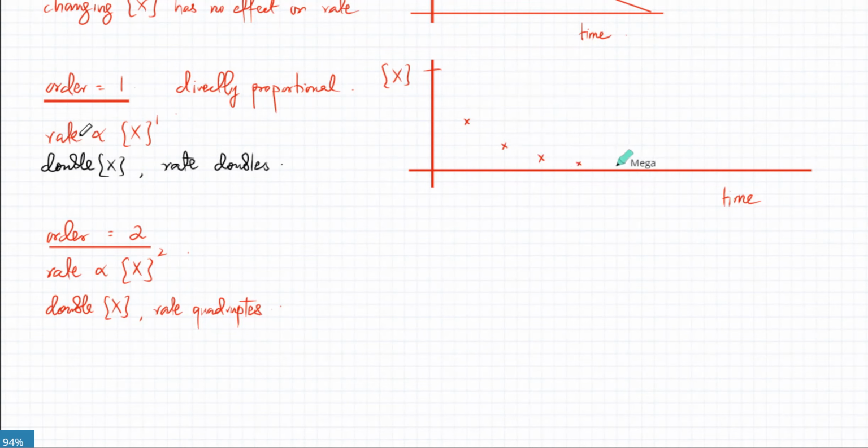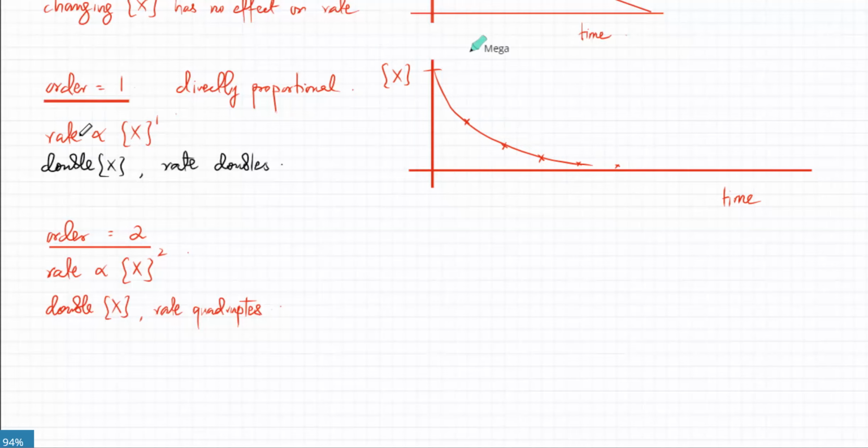So the reaction is slowing down as X gets used up. So the graph somewhat looks like this. Steeper gradient at the beginning, but then the reaction slows down.